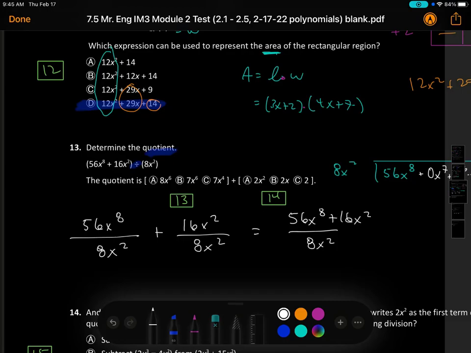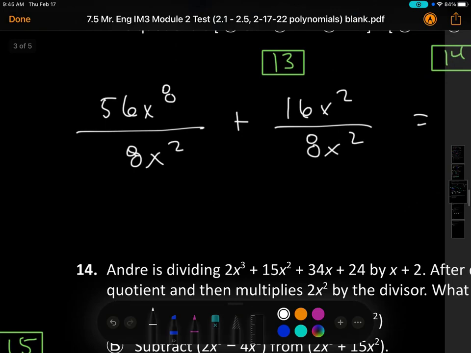These are equivalent. So to work with this one, I'm going to break it up into the factors of what I have in the denominator. What does that mean? I want to have an 8 and an x squared on the denominator up here. Well, in order to do that, that's x squared times x to the 6.